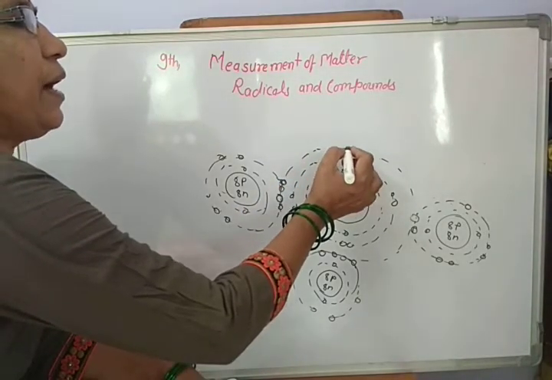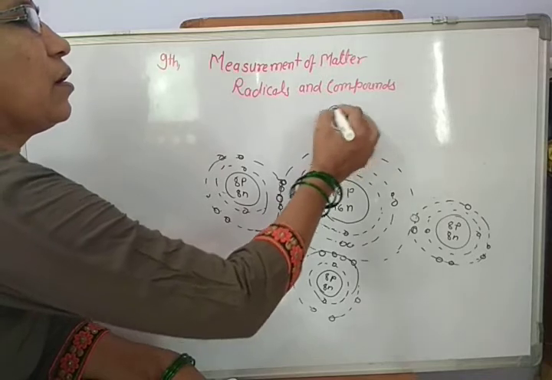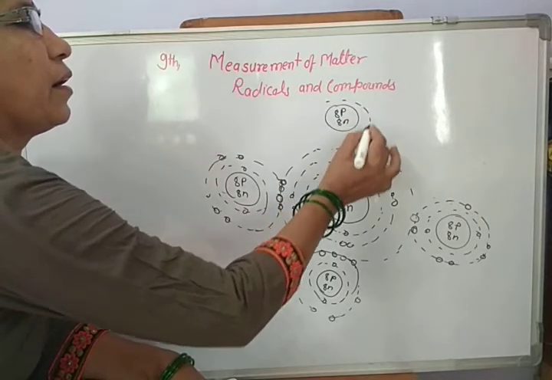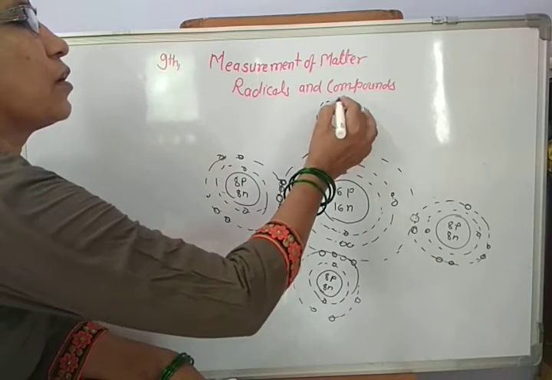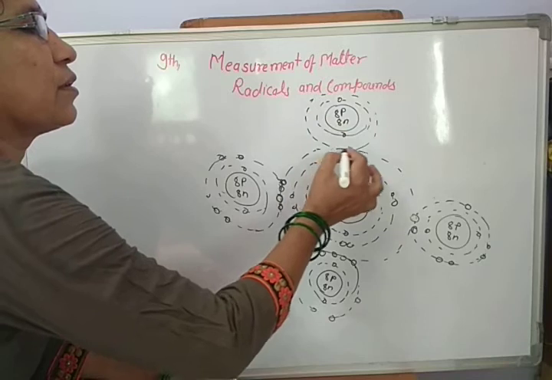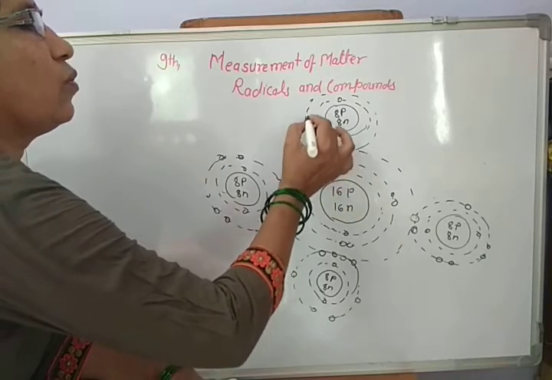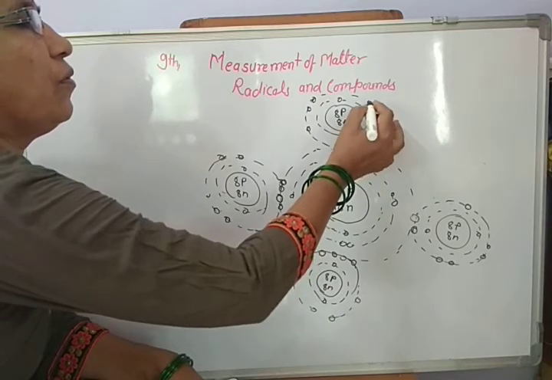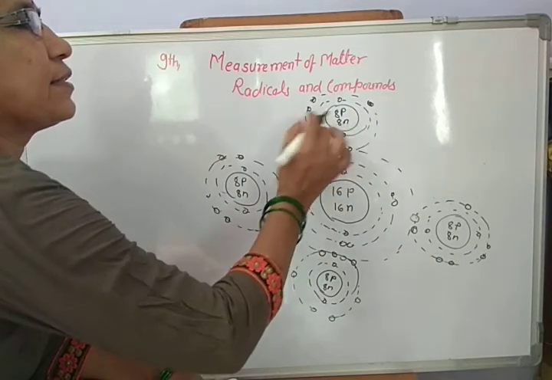And again there will be another oxygen atom here. 8p, 8n, 2 electrons and 6 electrons: 1, 2, 3, 4, 5 and 6.